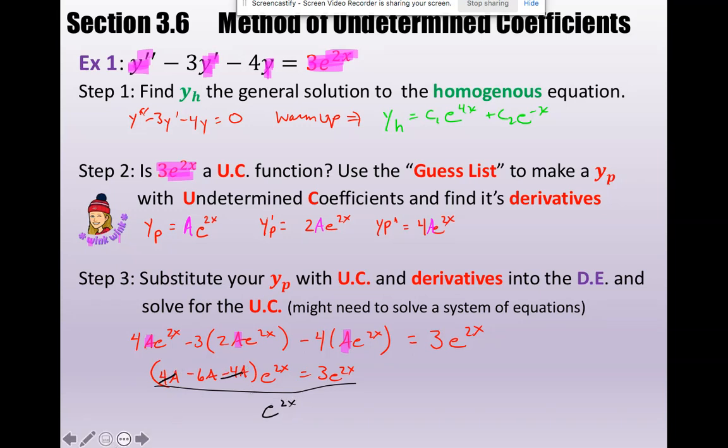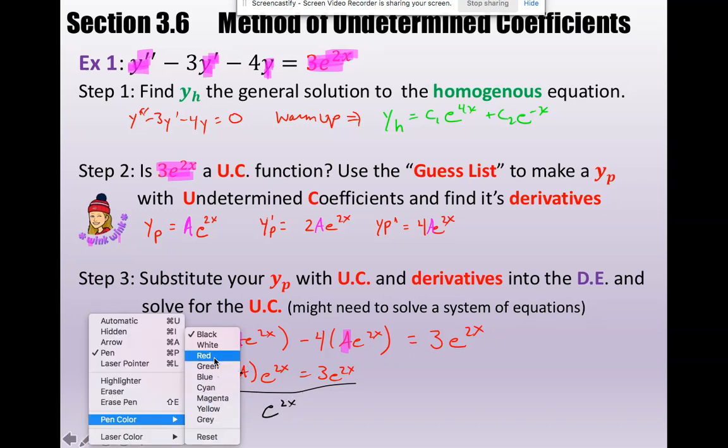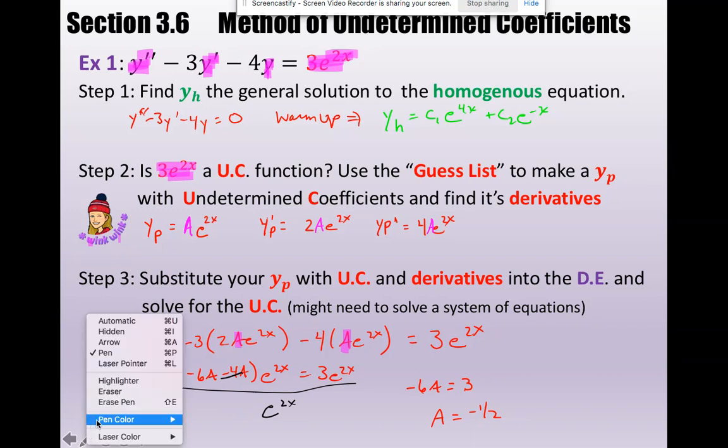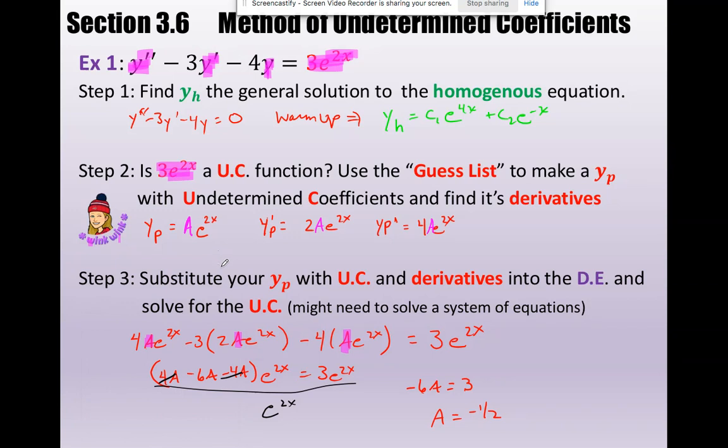Four a cancels out, and I'm left with negative 6a is equal to 3. Therefore, a, the undetermined coefficient, is 1/2.